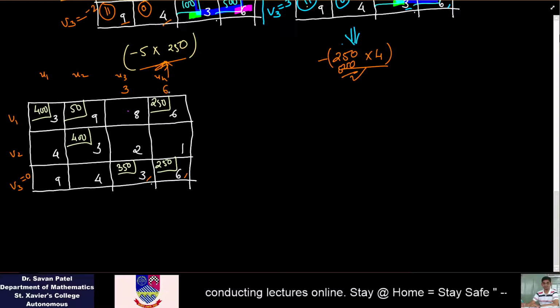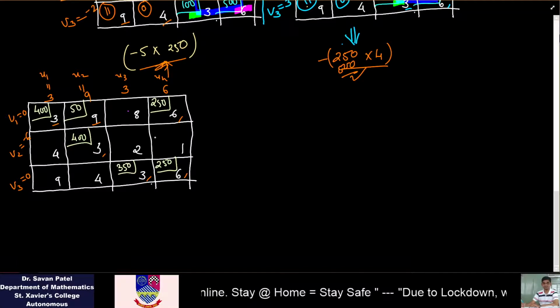Since this is 6, here it is already 6, so your V1 must be 0. If that is 0, your U1 must be 3 and U2 must be 9 because the corresponding sums are 3 and 9. Now, since this is 3, here it is 9, so your V2 must be minus 6. And now all Ui and Vj are known.